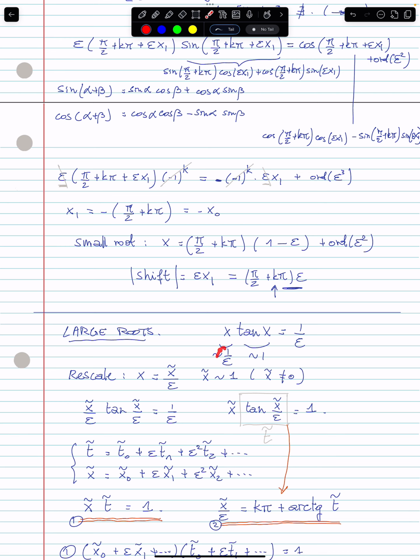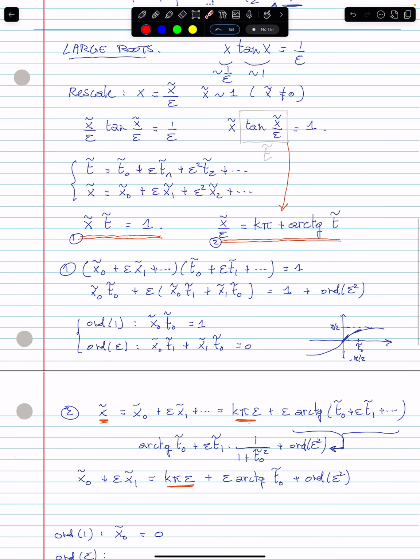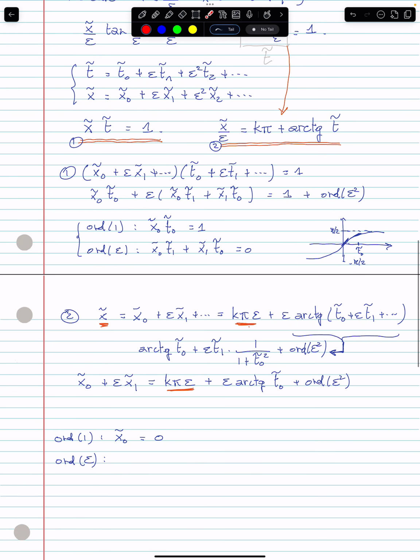All right, so we're looking for the large roots. I just said 1 over epsilon to start, but this is something that could be even larger than 1 over epsilon. And what we observe here is that, in fact, we need for x0 tilde to make sure that it matches the order of magnitude of k pi over epsilon. All right, so this k that we have introduced here was something that was totally general.